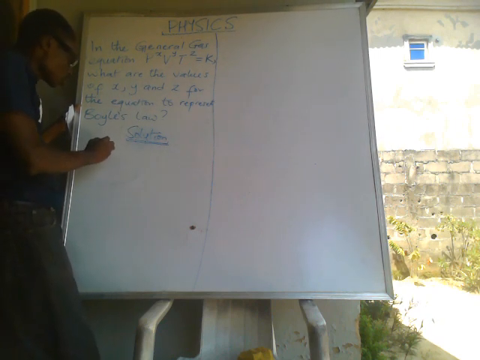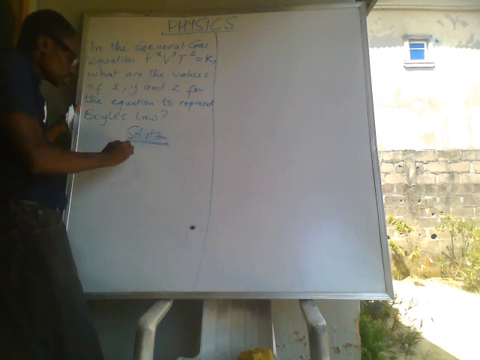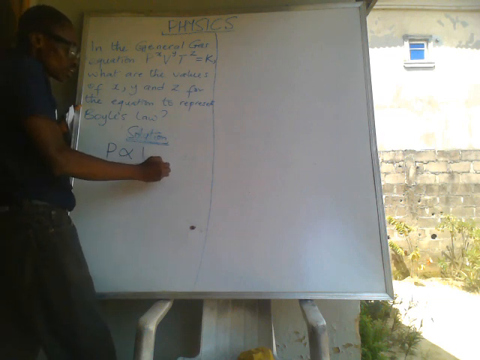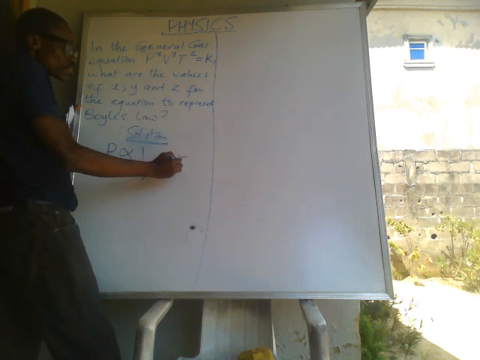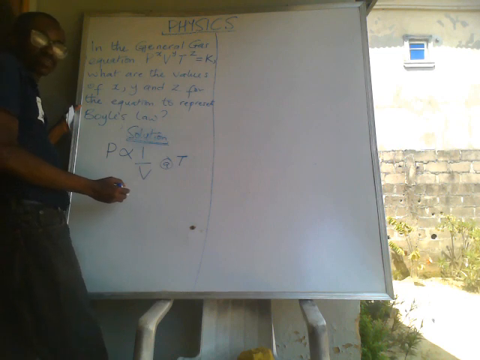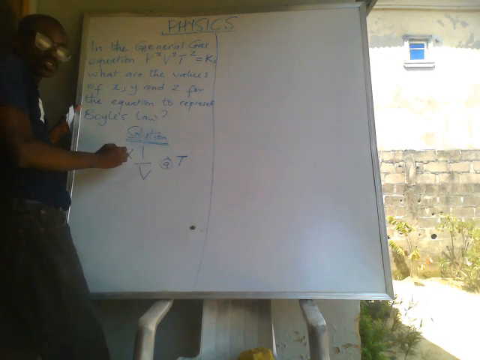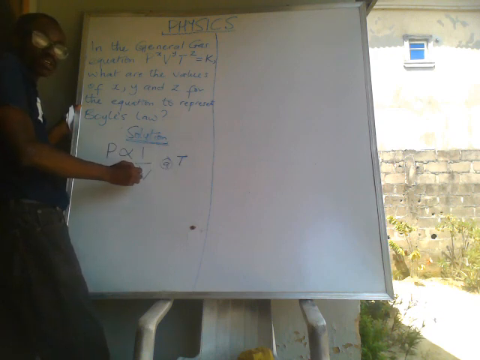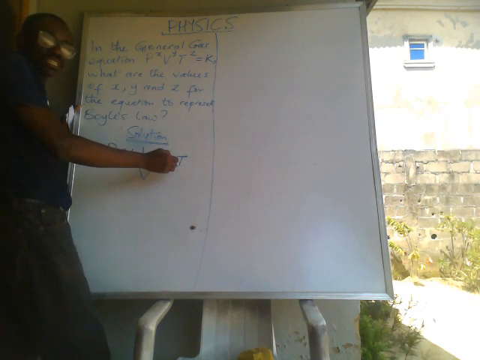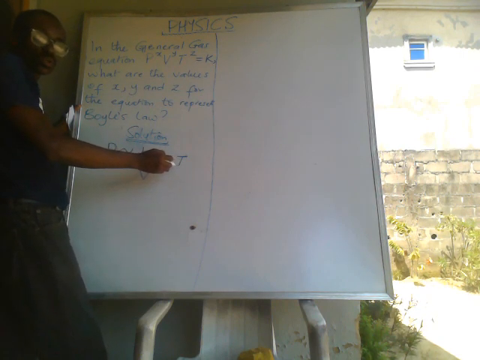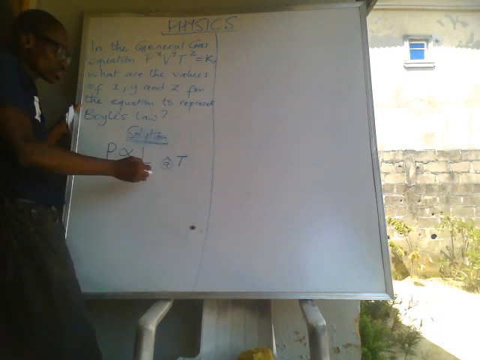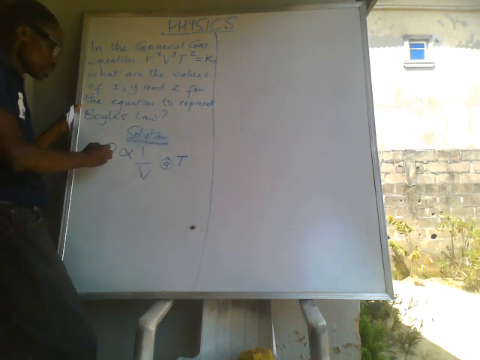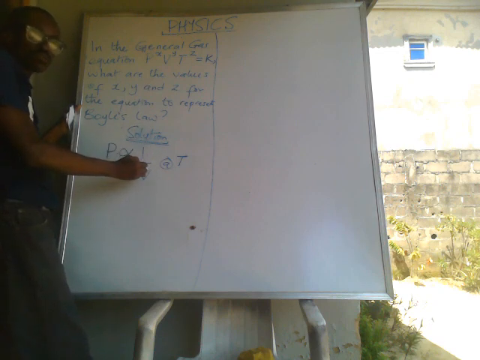Boyle's law states that the pressure P is inversely proportional to the volume at constant temperature T. V represents the volume, P represents the pressure, and T represents the temperature. So P is inversely proportional to 1 over V.